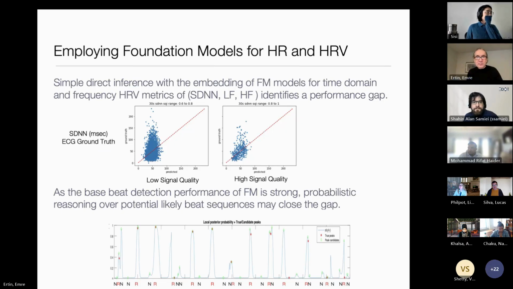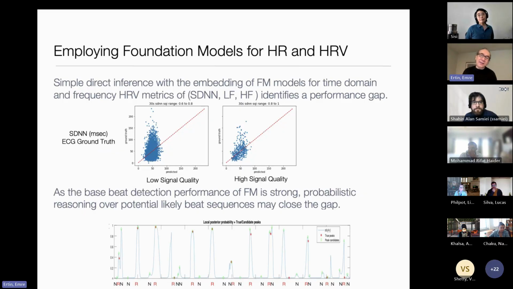Again, the y-axis is the ground truth, the x-axis is the predicted. Especially for low signal quality, it's essentially randomly guessing. For higher signal quality, it does have some performance. But this simple approach of taking Pulse PPG and training a linear head to go directly to the answer is maybe not the right approach.